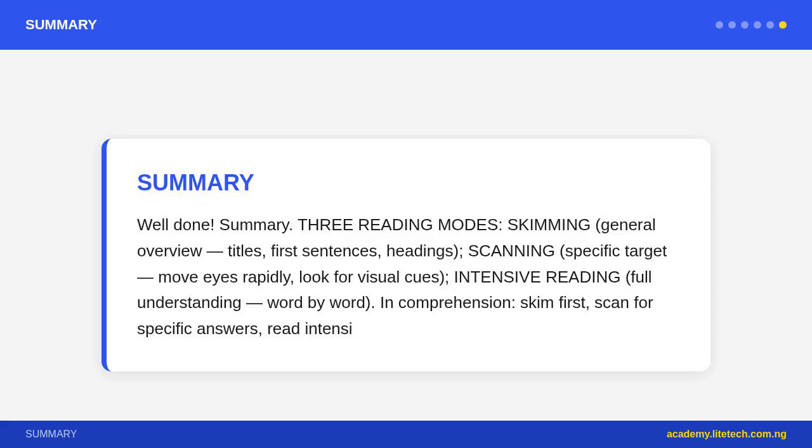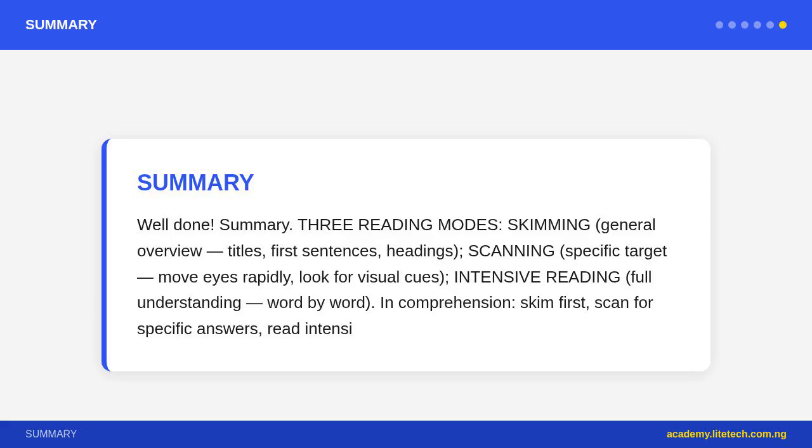Well done. Summary. 3 reading modes, skimming, general overview, titles, first sentences, headings, scanning, specific targets, move eyes rapidly, look for visual cues, intensive reading, full understanding, word by word. In comprehension, skim first, scan for specific answers, read intensively to verify and understand.